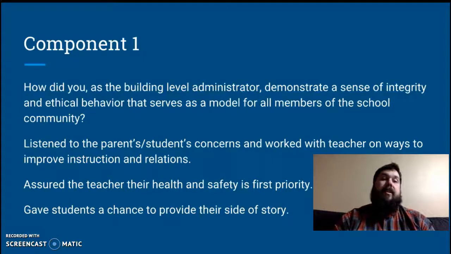The administrator can then give students a chance to provide their side of the story. So, listening and understanding and grasping the issue as a whole, then you can take appropriate action. So that's demonstrating a sense of integrity and ethical behavior.